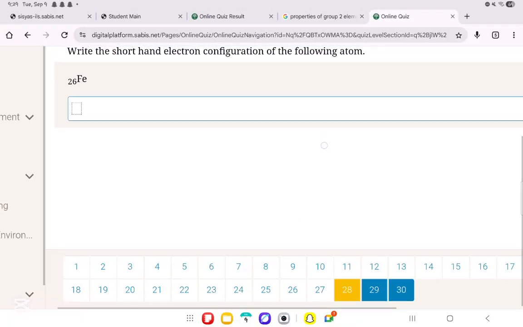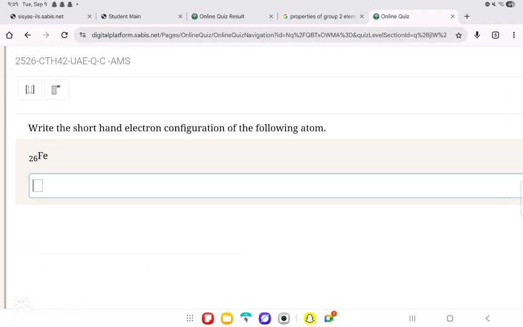Move on to question number 28. Write the shorthand electron configuration of the following atom. First of all, I recommend you write it all. So, Fe. What is the electron configuration of Fe26? It is very simply 1s2, 2s2, 2p6, 3s2, 3p6, and then 4s2, 3d6.